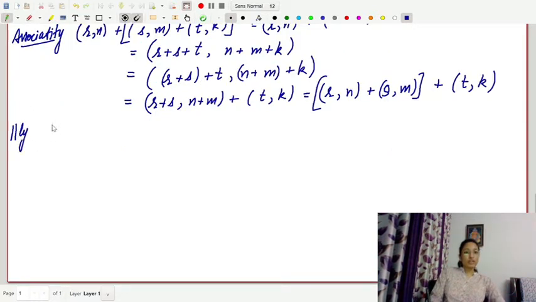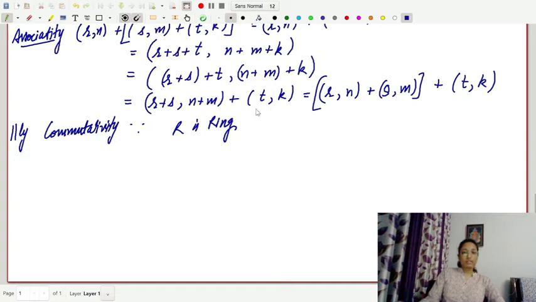Similarly, commutativity can be easily shown, since R is a ring, therefore under addition it is commutative, and similarly Z is commutative under addition since Z is also a ring. Now to show the identity, what will be the zero element under addition?